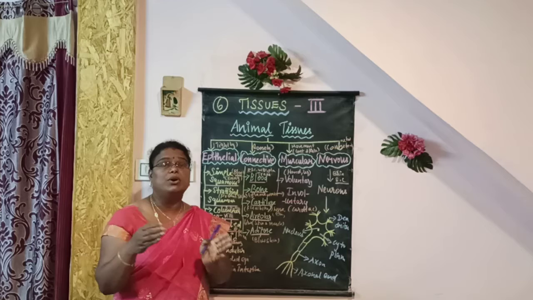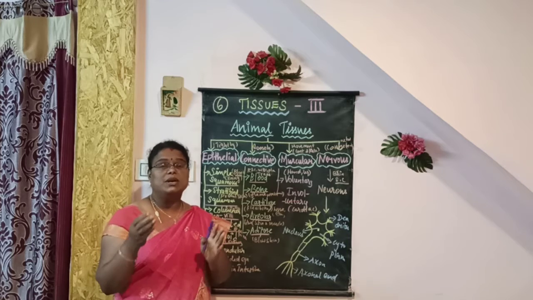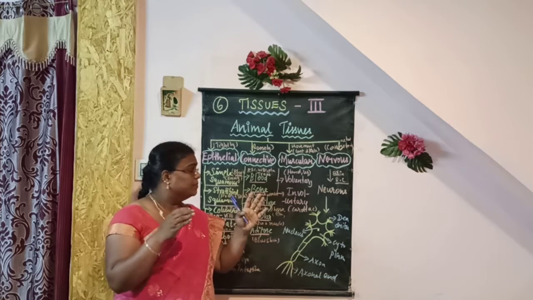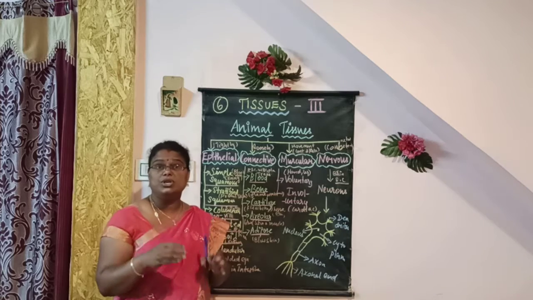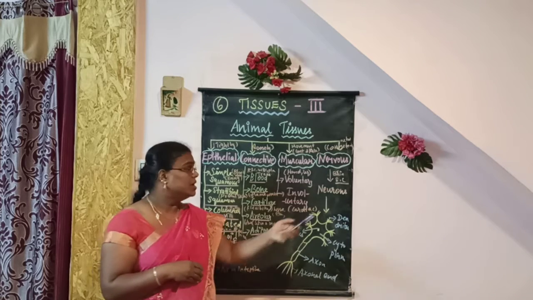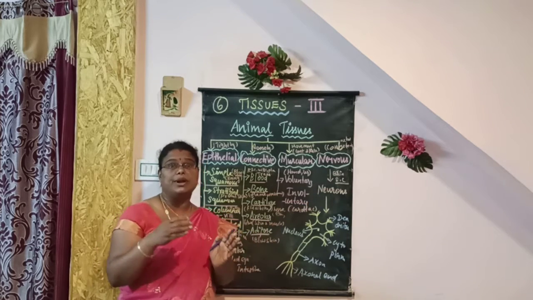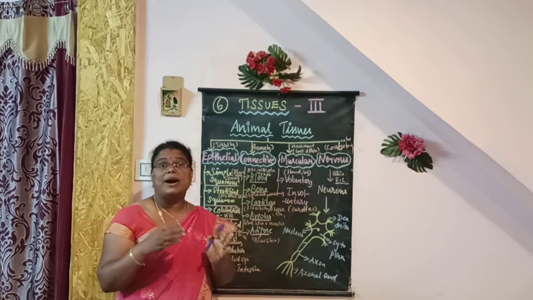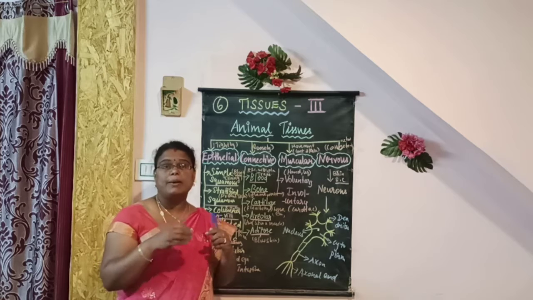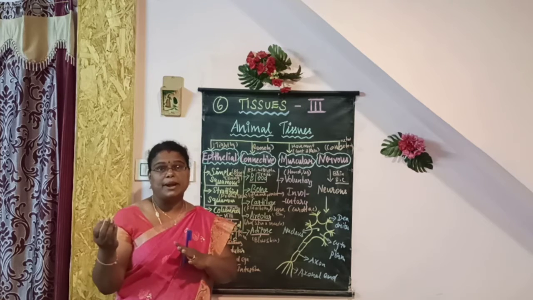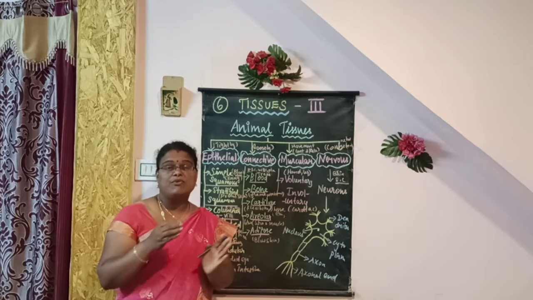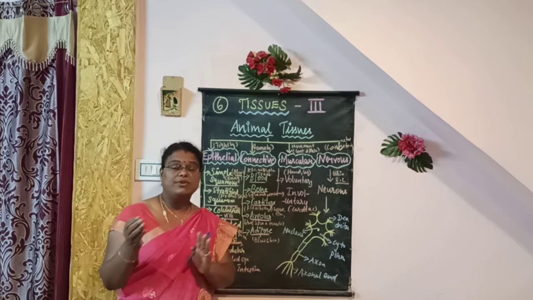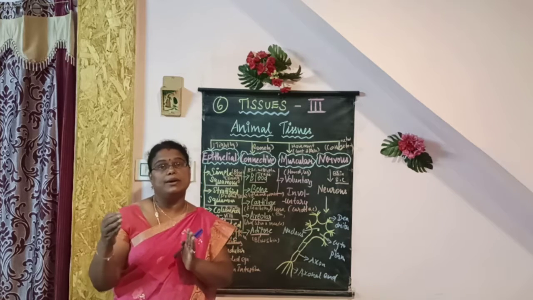This is a network of tissues. The basic structural and functional unit of the nervous system is called neurons. These neurons are networked, or connected to one another to pass the information from the environment to the brain. So the message is transferred from one neuron to another neuron.